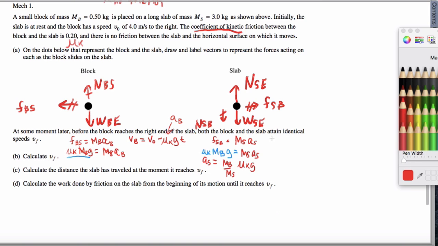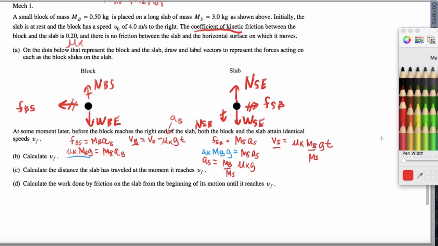So the velocity of the slab equals mu kinetic times mass block over mass slab times g times t. And what we're going to end up doing is figuring out when v of the block equals v of the slab, and we'll do that by setting them equal.